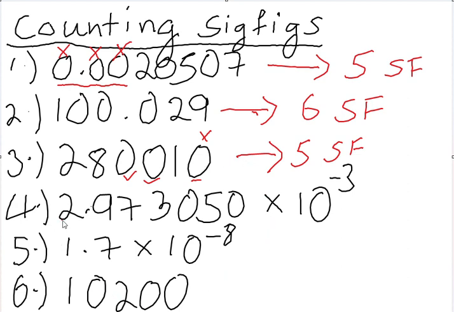So next number we have 2.973050 times 10 to the negative 3. How many sig figs do we have here? Let's see.